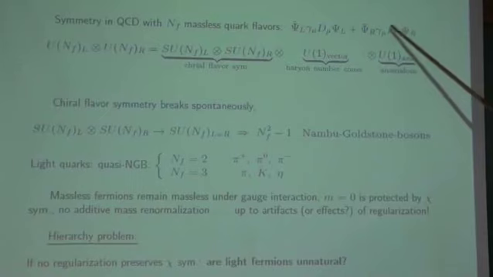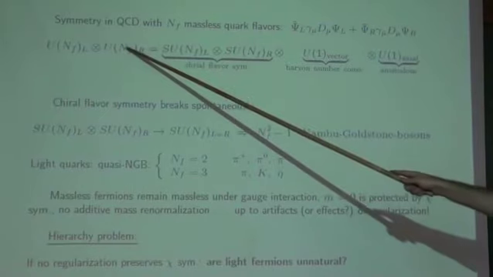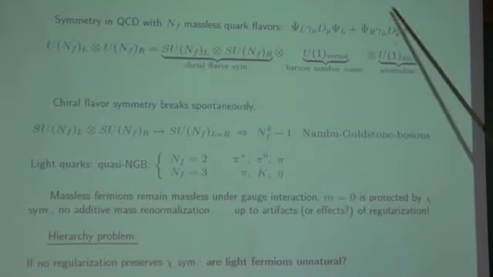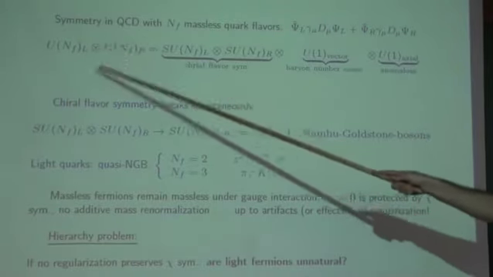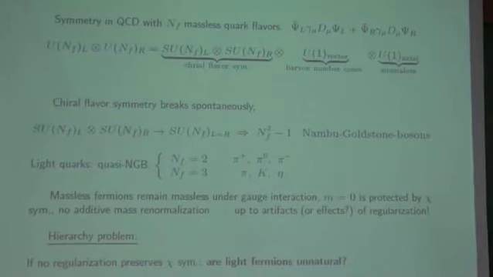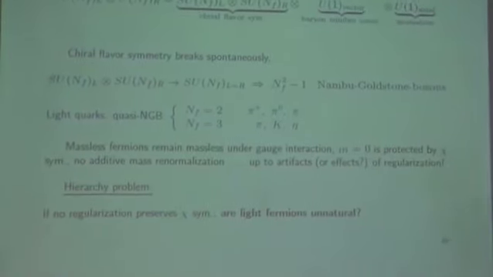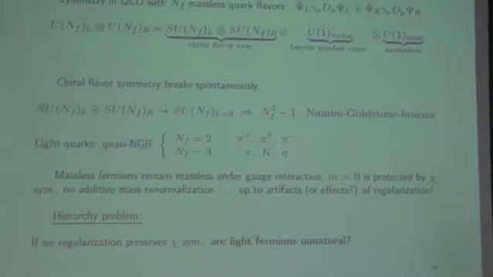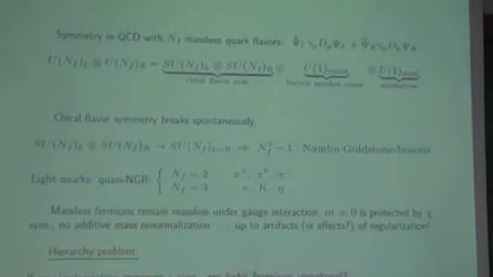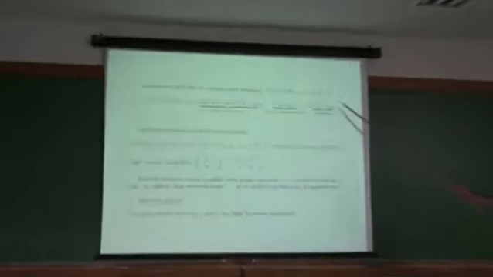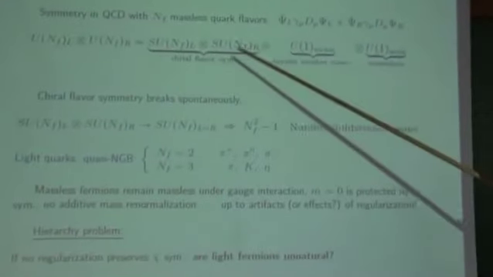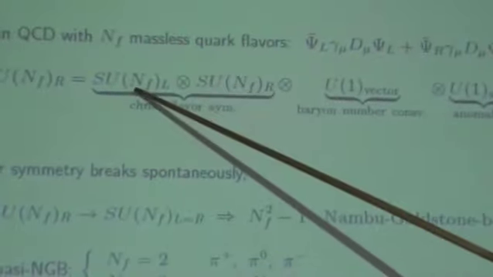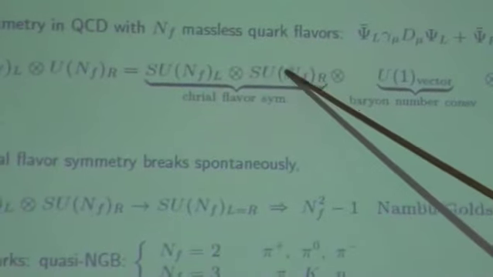We can independently do a U(NF) rotation in the right-handed sector and in the left-handed sector, and the full chiral symmetry is then the direct product of these two U(NF) groups. This is actually the full symmetry that we have, but it is useful to split it into subgroups and to divide off the U(1), the phase factors, and then we are left here with SU(NF) left and SU(NF) right.